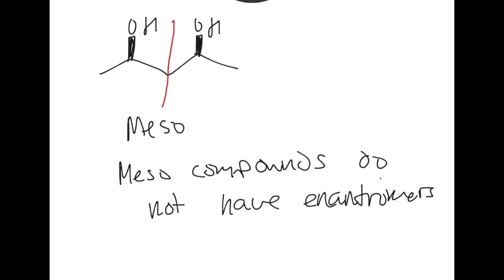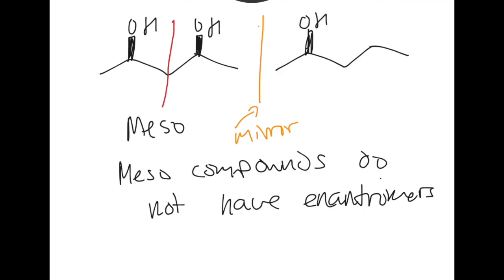So if we were trying to draw the enantiomer of this, if we did this like we did before, where we say, here's a mirror, and let's reflect our molecule across that mirror, I end up with the exact same thing, right? So I can't have an enantiomer because when I reflect it across, it ends up being the same thing.